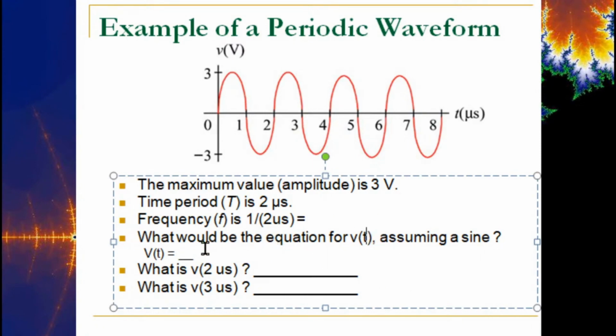And then the question says, what would be the equation for V of t, assuming that this is a sine wave? So this would be the sine of 2 times pi times 500 kilohertz times t.